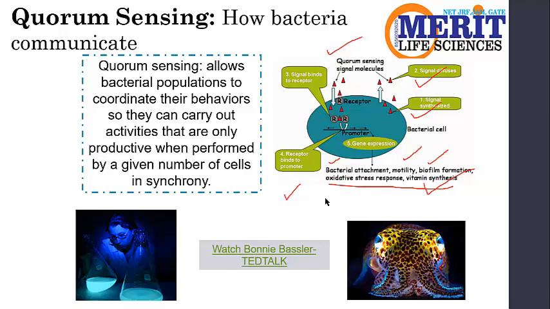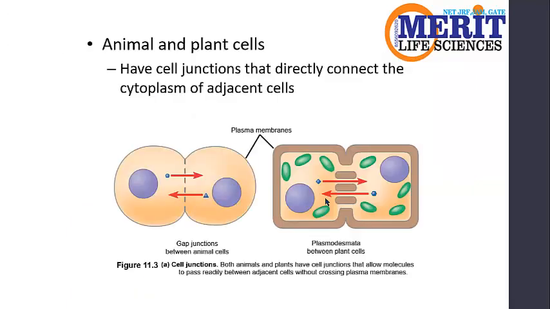So what is quorum sensing? Quorum sensing allows a bacterial population to coordinate their behavior so that they can carry out activities that are only productive when performed by a given number of cells in synchrony. If we talk about animal and plant cells, how are they communicating? Animal cells communicate by gap junctions between the two cells.